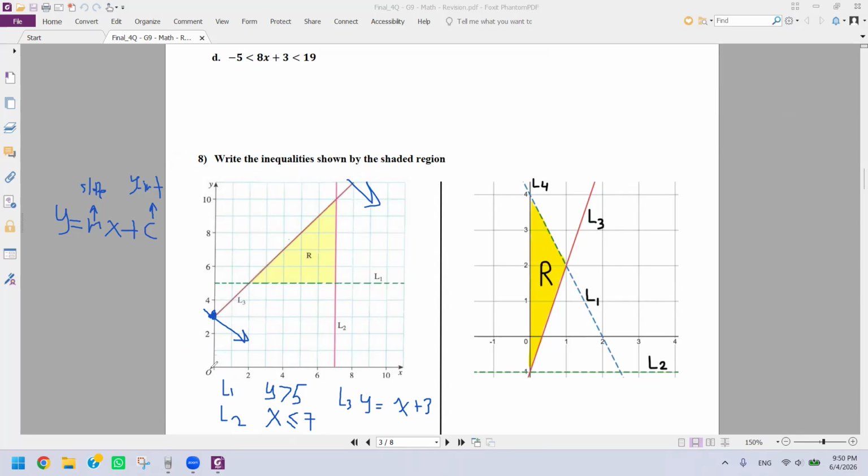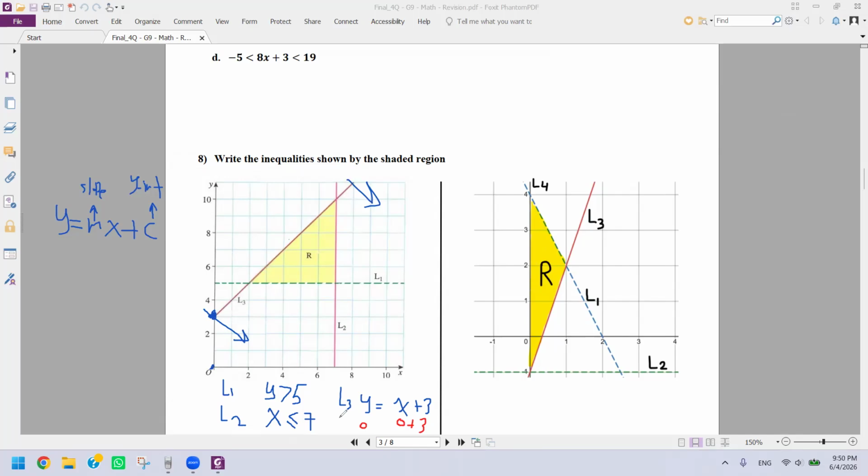So what does that mean, choosing the point 0, 0 means? X is 0 and y is 0, and here I have plus 3. So since 0, 0 is included in the region, what does that mean? I should make the inequality correct.